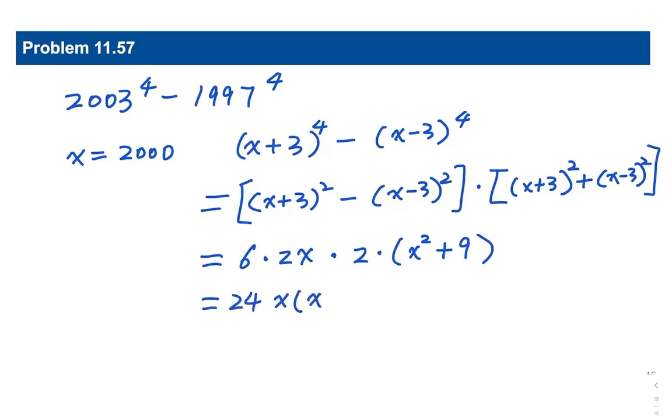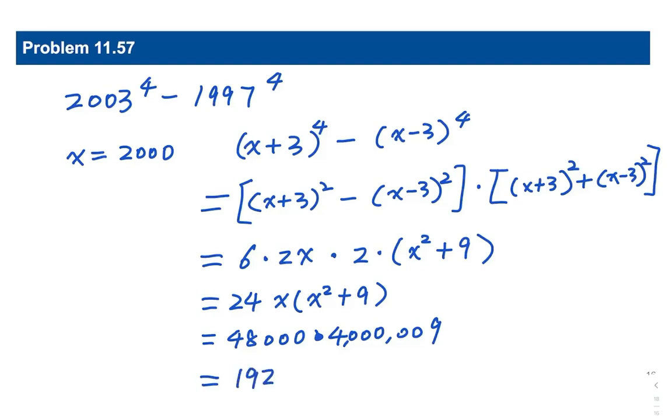So 24x times x squared plus 9. X is 2000. 48000 times 4000009. What is this big number? 48 times 4. That is 192.